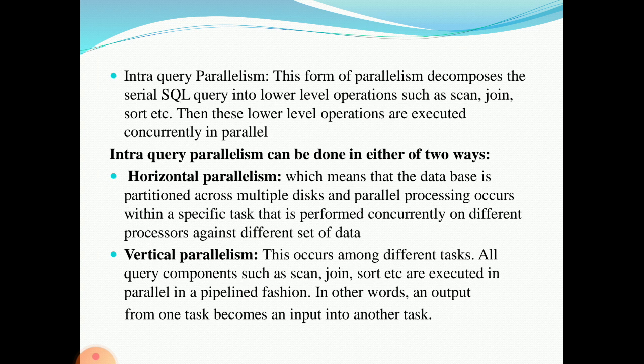That means the scanned output will be the input of joining, and the output of joining will be the input of sorting, and after sorting some other process will happen. Likewise, in an ordered form it will do it. That is vertical parallelism.